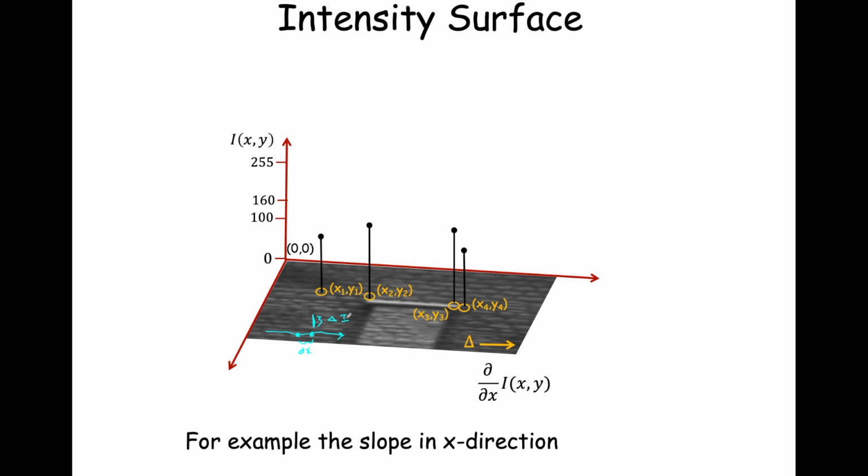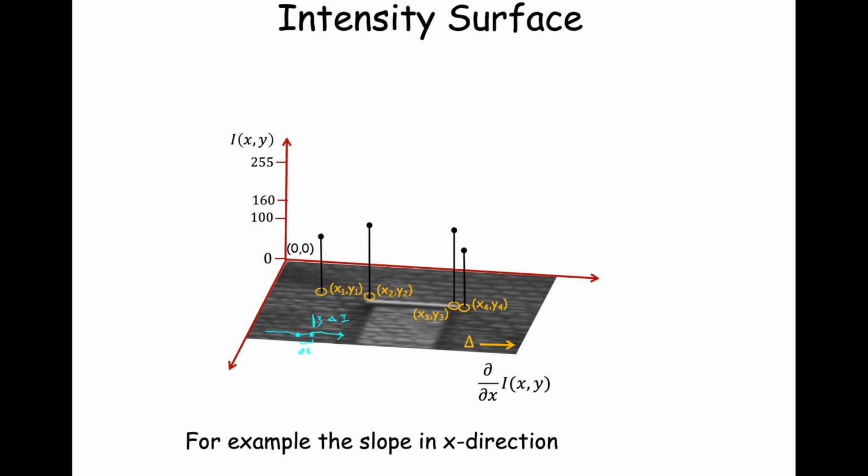So essentially what you're computing, and you can do this in the x direction of the image coordinate system, or the y direction, or diagonally at some angle, is the steepness of the gradient, the magnitude of the gradient in some direction of the intensity surface.